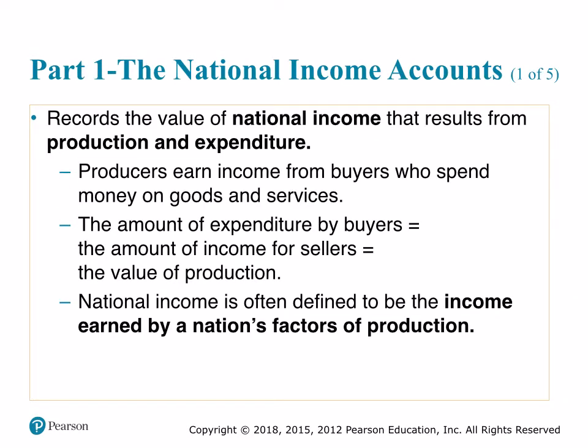In more technical terms, however, national income results from production and expenditure within a given nation. National income is the income earned by a nation's factors of production. Producers earn income from consumers, like us.